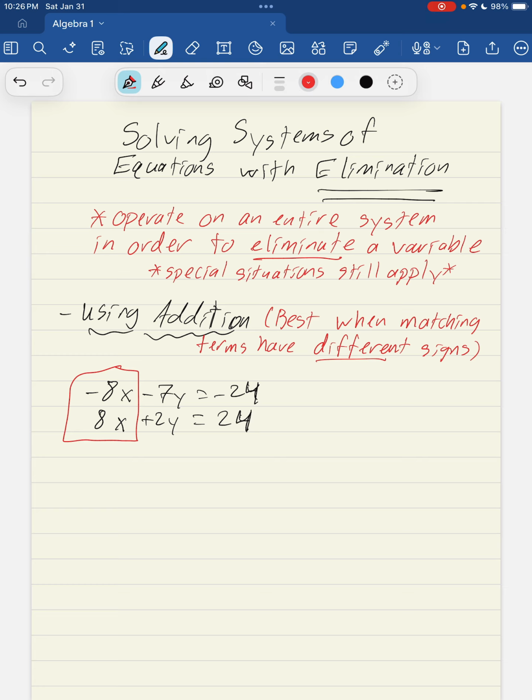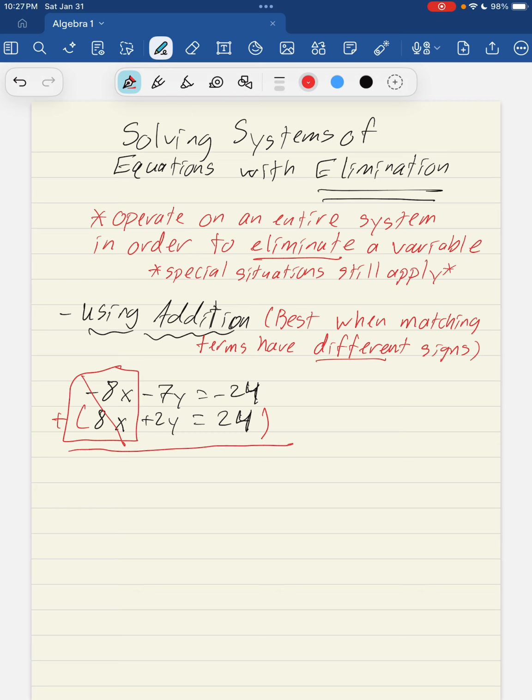Now, these have different signs. In order to eliminate them, I need them to cancel. So I'm going to add this whole second equation. Let me get my laser pointer. I go negative 8 plus 8. That's a 0. That's going to cancel, or eliminate.